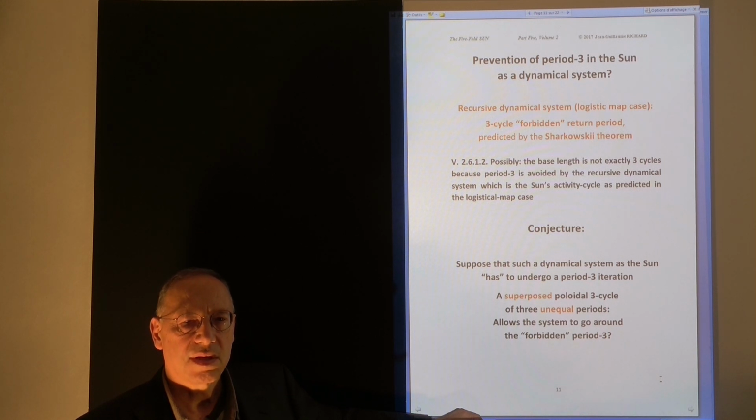So we see that in the case of the Sun, there is no such thing as a return of 3 cycles at a periodicity of 3 Schwabe cycles. We have something else instead.